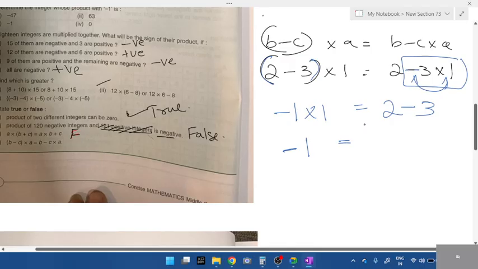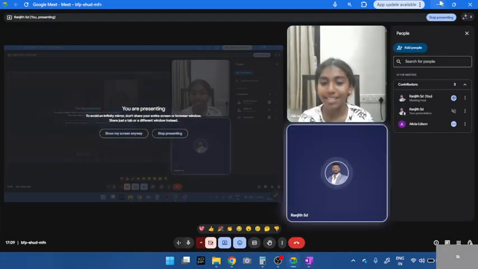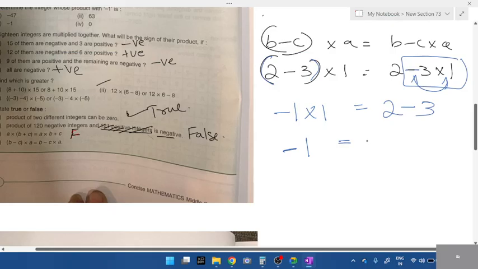If you do it differently, you'll get different marks. They won't give you full marks. You have to put that minus. Plus into minus is minus 1. You're not telling that minus 1. Complete this. This is the final one.